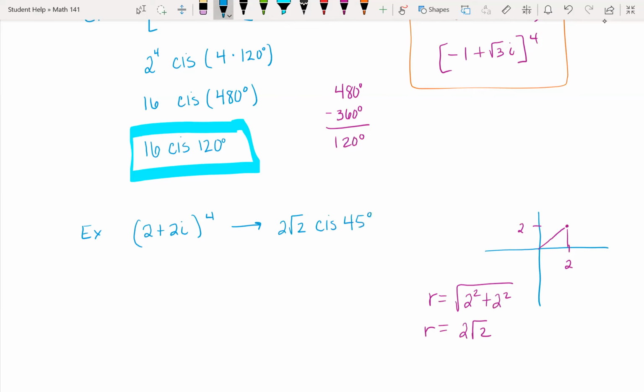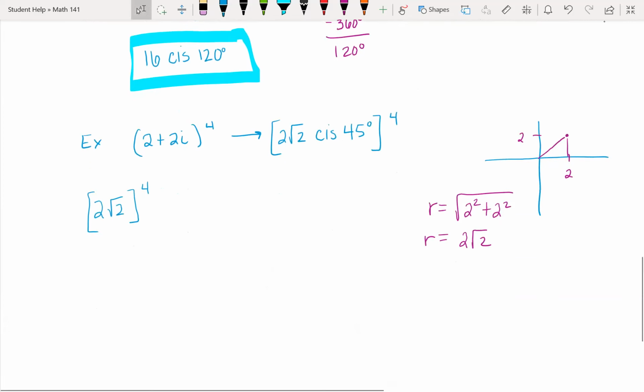So instead, we are raising this to the 4th power. If I take 2 times the square root of 2 and raise it up to the 4th power, I'm going to take each of these and raise them to the 4th power separately, or you can just type this into your calculator. 2 to the 4th power is 16. And then the square root of 2 to the 4th power, I'm going to have 2 times 2, which is going to be 4. So I'm going to get 64 here.